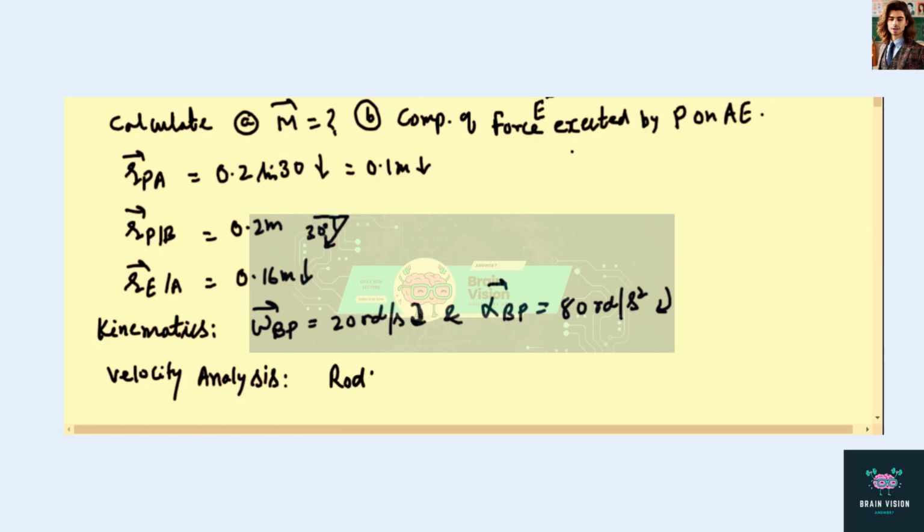Rod BP. Velocity of P is defined as the cross product of angular velocity and position vector: angular velocity of BP cross position vector of P with respect to B. Substituting the value, we will get 20 into 0.2 meter, up above the horizontal plane by angle 60 degree.